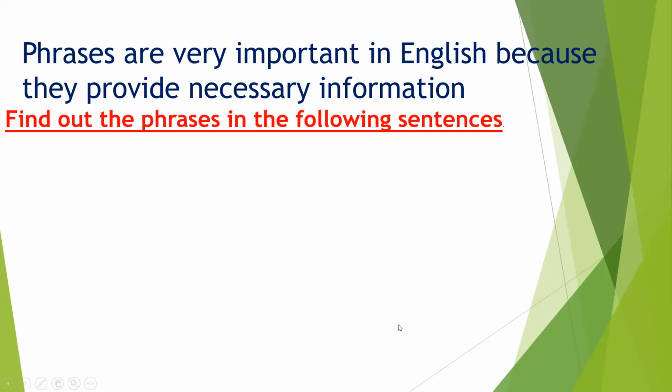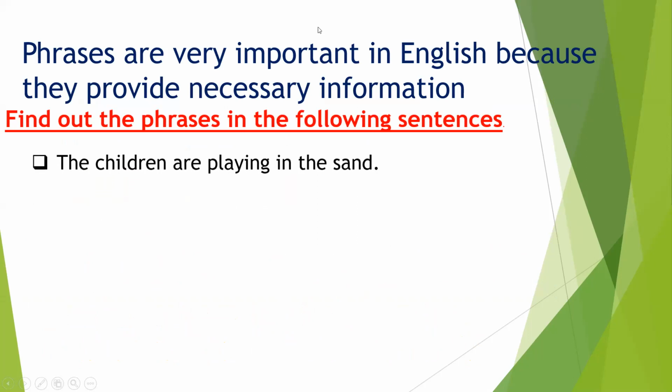For example, the children are playing in the sand. Which part of this sentence is the phrase? The children are playing, up till here, it's a clause. It has a subject, children, and a verb, are playing.